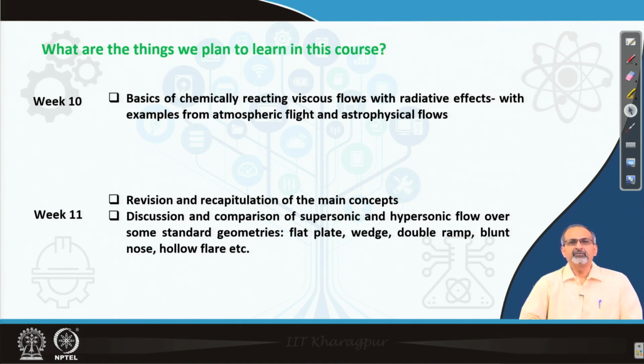In week 11, we will pause for a while, because by then we would have covered quite a bit of content from different directions which are important when we look at very high speed flows, very high temperature reacting flows, and then we need to revise and recapitulate the main concepts covered up to 10 weeks of the course by then.